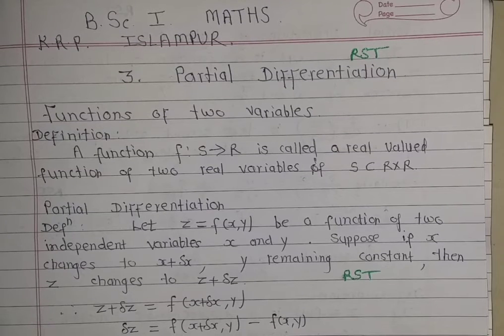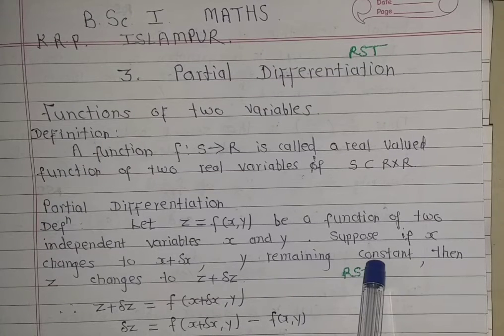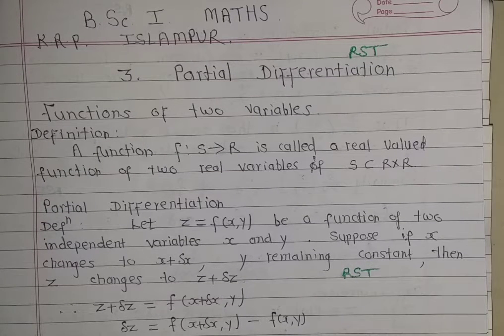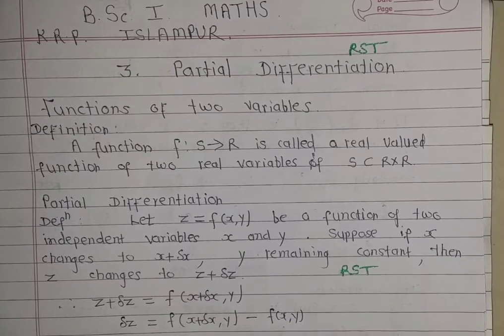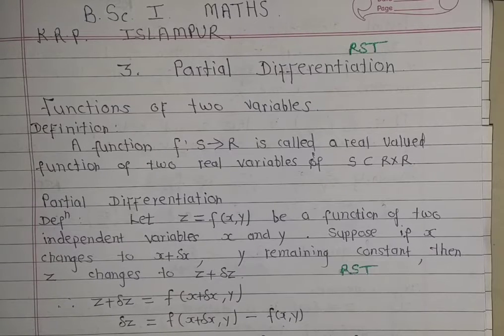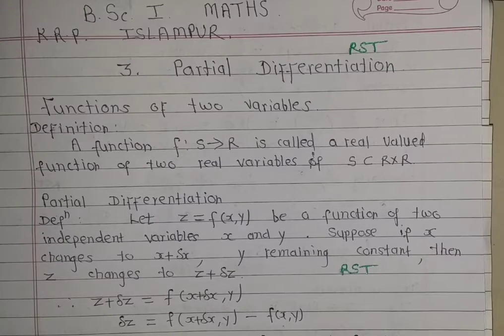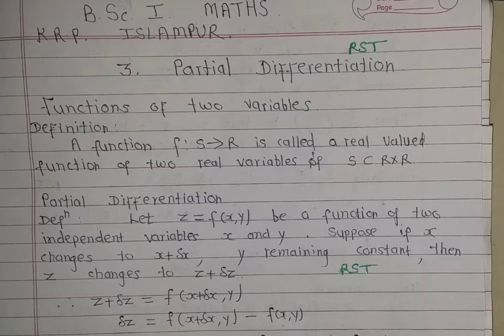Here the partial derivative of z with respect to x means y remains constant. Thus delta z by delta x equals the limit as delta x tends to 0 of f of x plus delta x comma y minus f of x y divided by delta x.